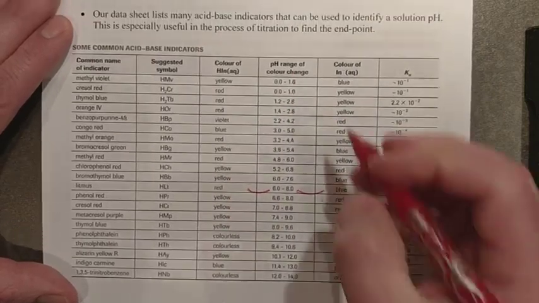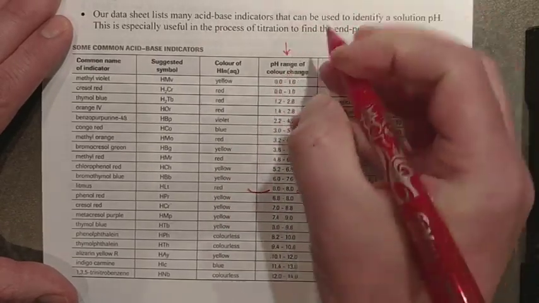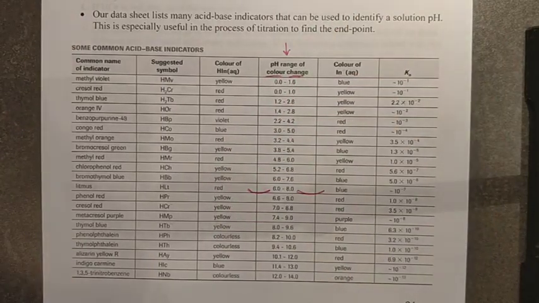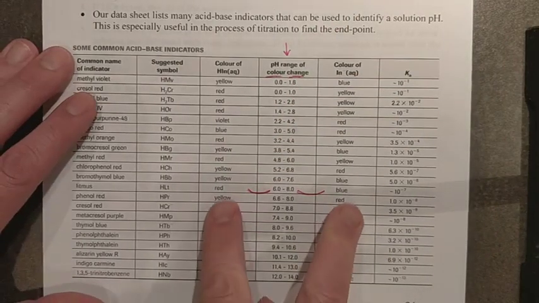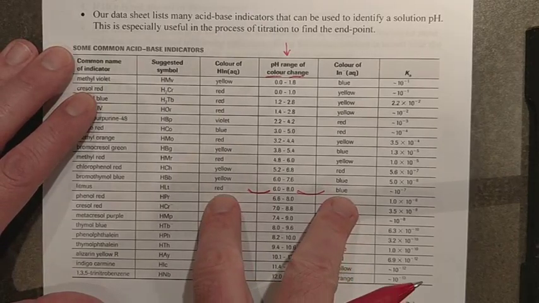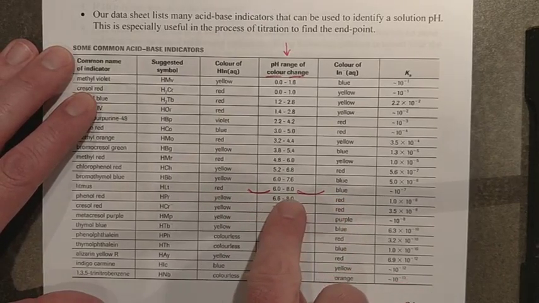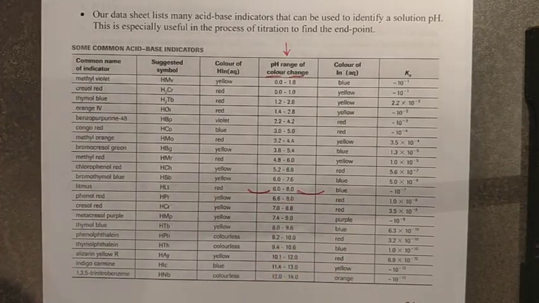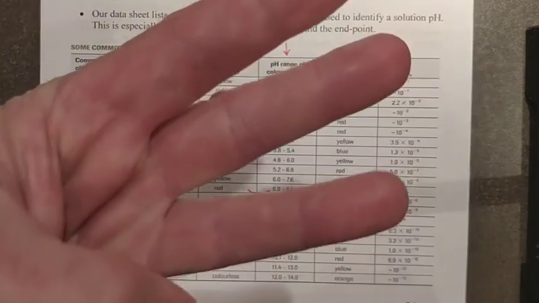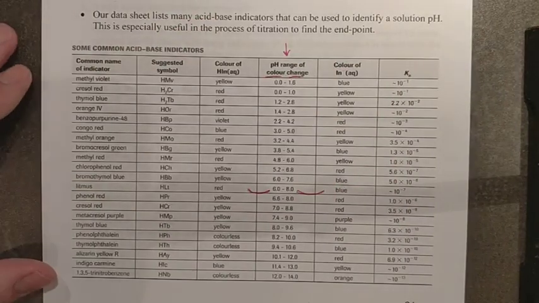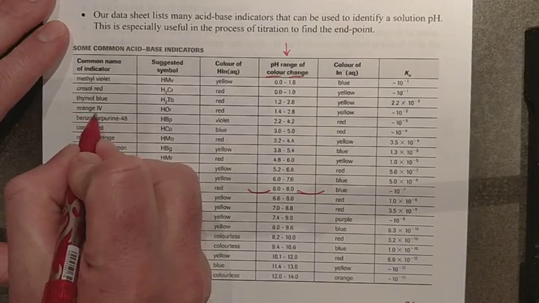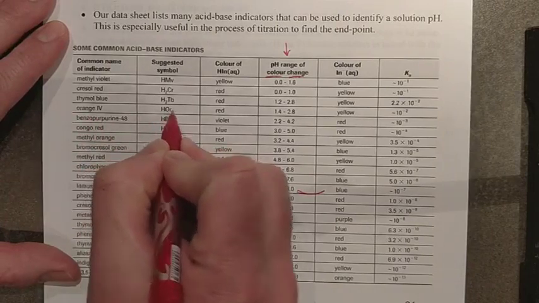What this shows right here, you have to remember, is the pH range of the color change. It's the mixture of both various colors. So when I mix red and blue, I should have something purple in between. All of these various indicators therefore have three different colors. If we were to take a look at, for example, orange 4, there's the acidified form.